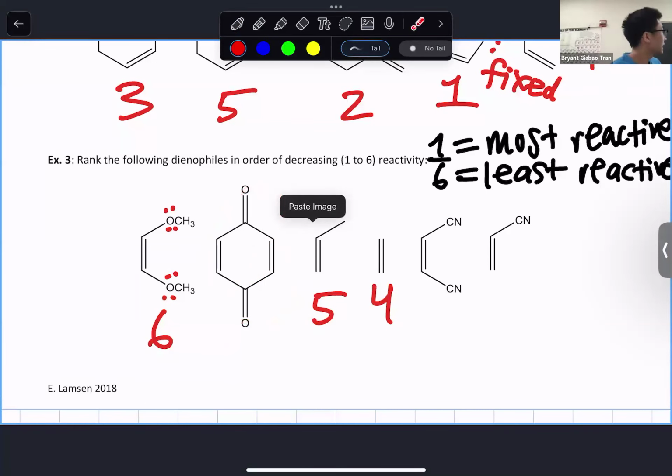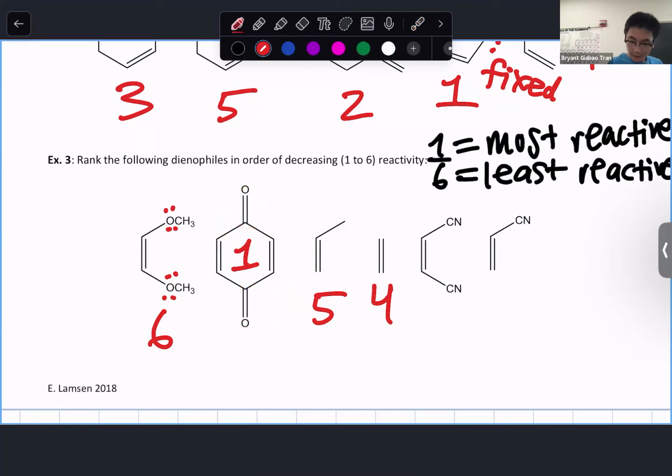And if it's fixed, it will be faster. So this is our most reactive dienophile because it's fixed in a ring and it has 2 strong EWGs here, right? Our second most reactive is going to be the one with 2 nitriles, and then the third one is going to be with only 1 nitrile here.